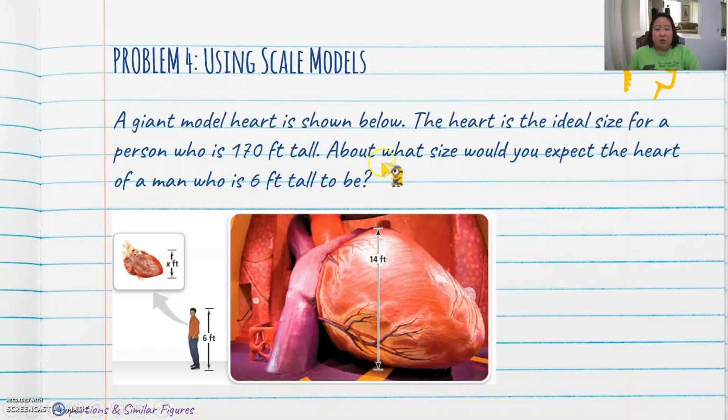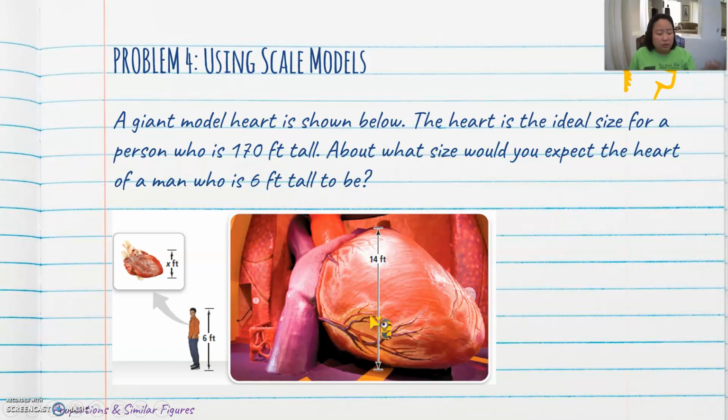So about what size would you expect the heart of a man to be? Let's say we have a man who is 6 feet tall. What will be the ideal size of his heart? We will be basing it on our model here, okay?